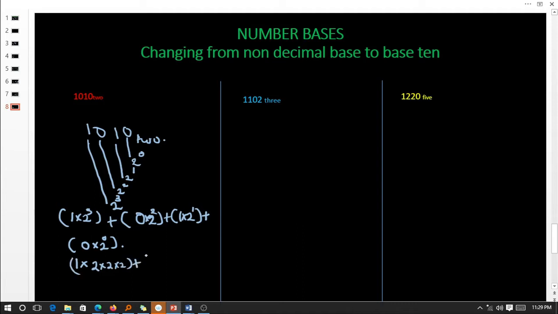Then plus, this is 0 times 2 times 2, because it is power what? Power 2. Then plus, we are now going to have this one, which is 1 times 2, because it is power 1. Then plus a 0, this bracket here, times a 2, which is power 0.